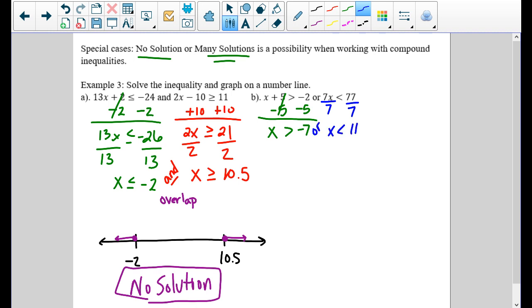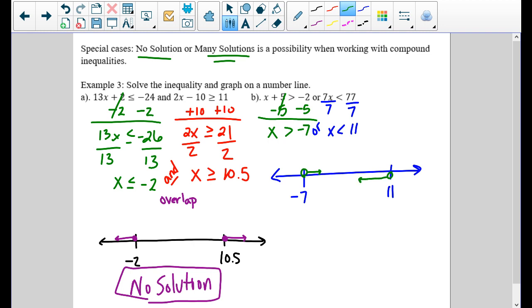Again, this is an or statement. So when I look at this graph, I have a negative 7 and I have an 11. The first, x is greater than negative 7, is an open circle shading to the right. The second is x is less than 11, so open circle shading to the left.